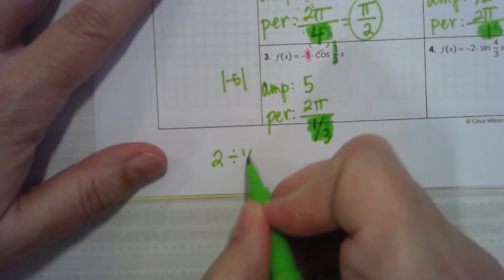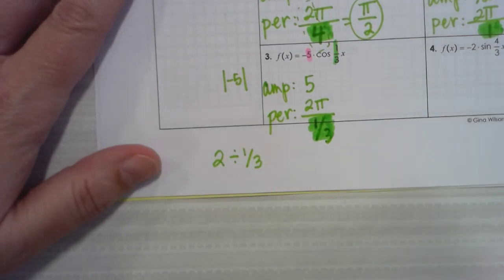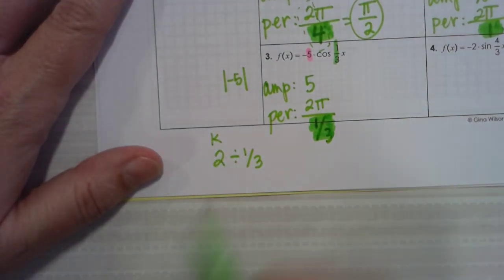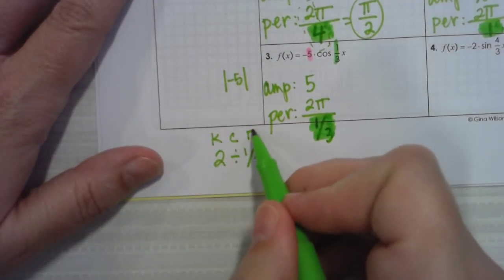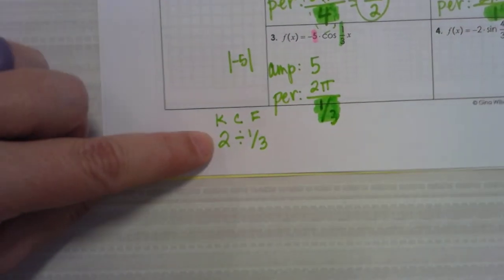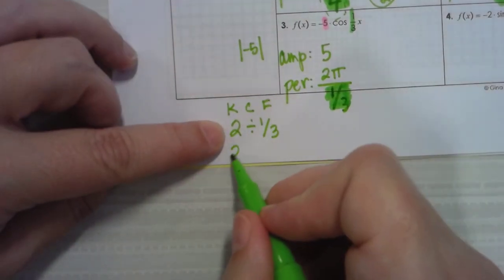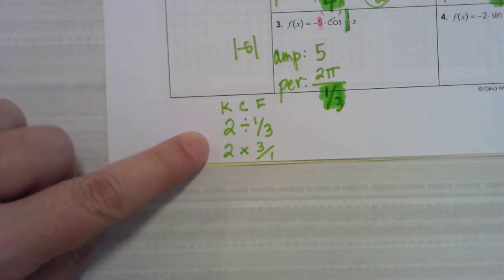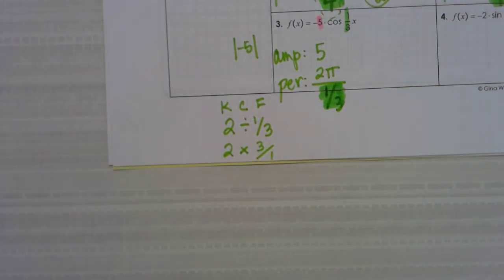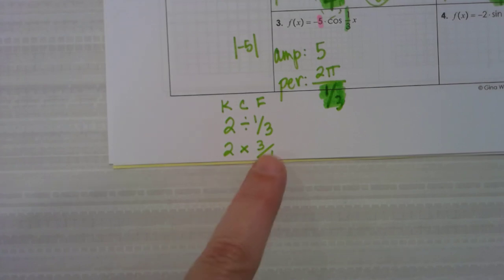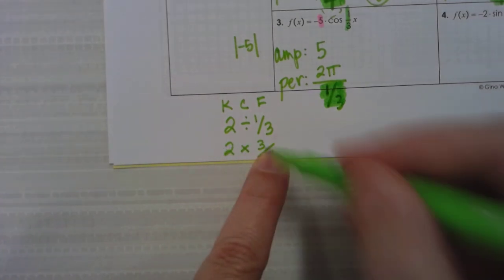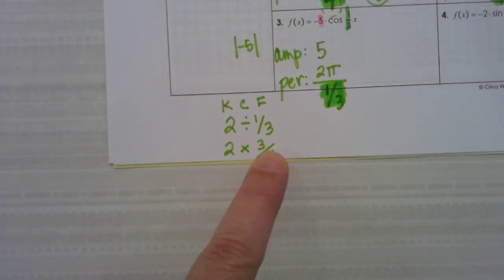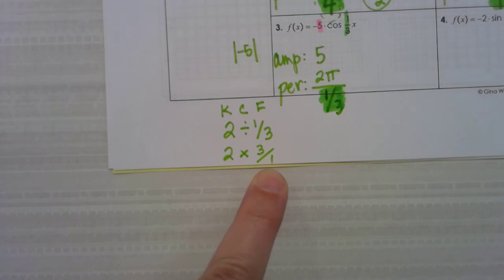2 divided by 1/3. Keep, change, flip. So dividing by a fraction is the same as multiplying by the reciprocal. So then we multiply this 2 by the top number, the numerator. 2 times 3 is 6. And then we're going to divide that by whatever is our denominator.